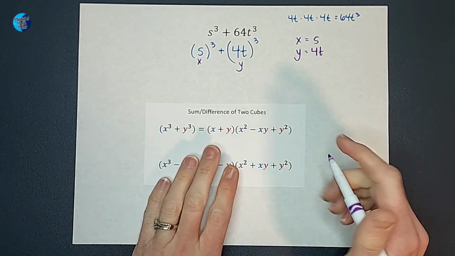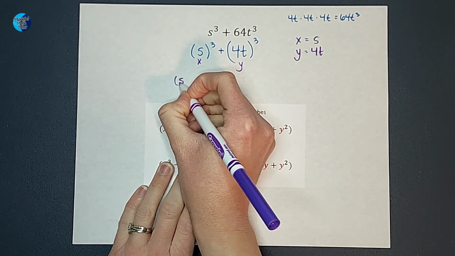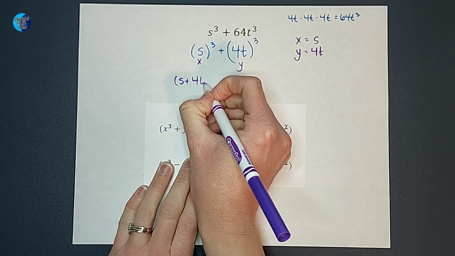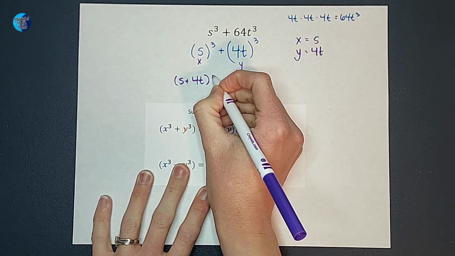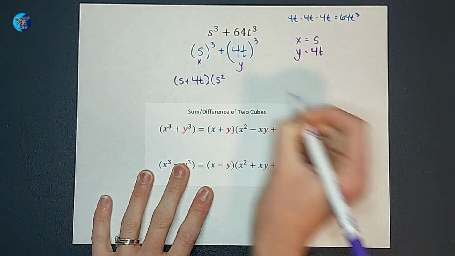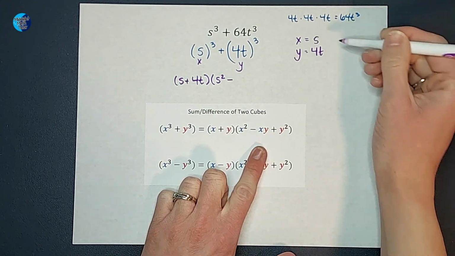So I would have x plus y, or s plus 4t, times x squared, so s squared, minus x times y, so s times 4t.